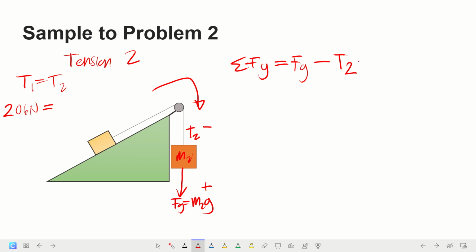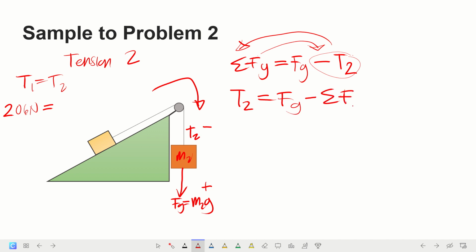Okay, so to look for the solution for tension number 2, let us derive. So, ilipat natin si tension number 2 sa other side of the equation, and then ilipat natin itong net force, summation of forces along y sa kabilang side ng equation. So, since ito ay negative dito sa side, pag linipat natin dito, magiging positive siya, equals to Fg minus the summation of forces along y.